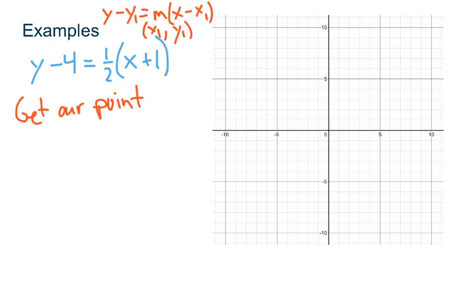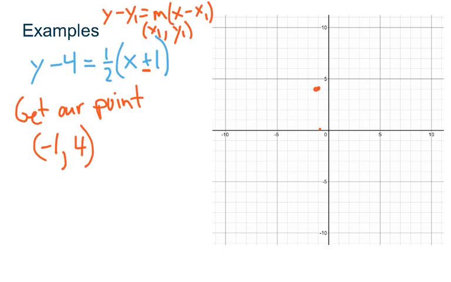The signs change. So our x is going to be negative 1 and the y is going to be positive 4. Okay? And so what we're going to do now is go to the graph and plot that point, negative 1, 4.